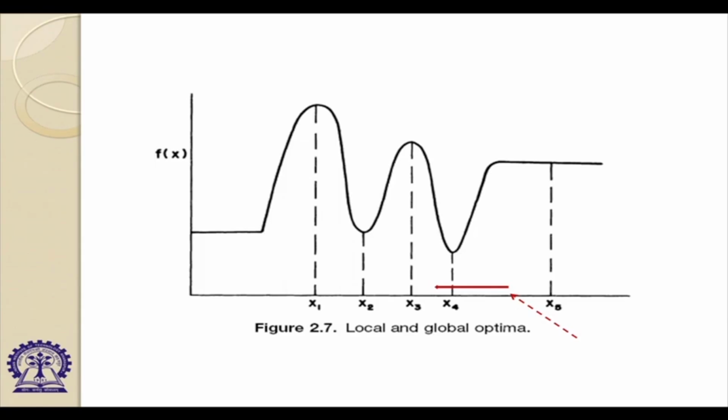Instead of searching for global optimality, which means I have to do more jumps and more iterations, let me be satisfied with the local optimum. All right. That is why there are several things to be considered.